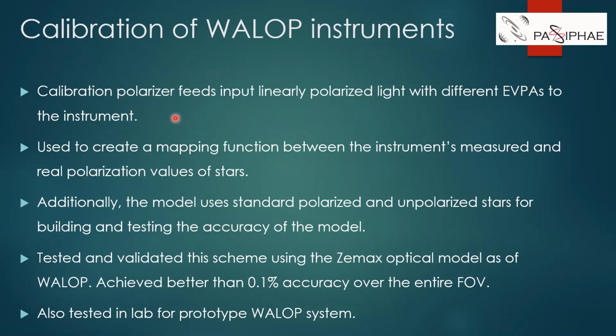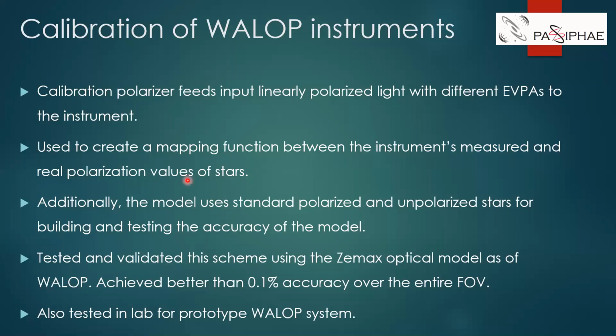So by placing it at different orientations, we give as input known states of polarization to the instrument. And from that, we will find the instrument measured polarization values, like QM and UM. And based on the input and what our instrument measures, we'll create a mapping function between the instrument measured and the real polarization values.